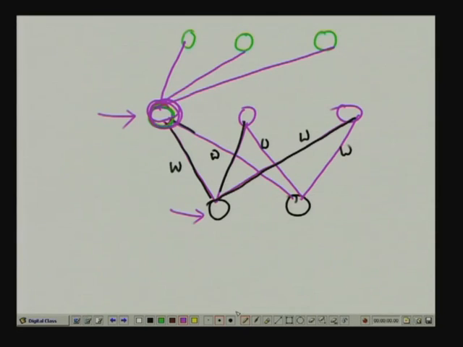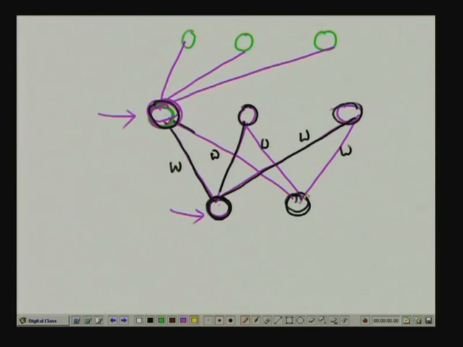So, the basic idea behind back propagation here is that whatever error you observe at the output, you try to allocate the error to the hidden units. If there is no error at the output, you can assume that there is no error at the hidden units also. But if there is some error here, you try to allocate that error back to the hidden units from which it receives the input.